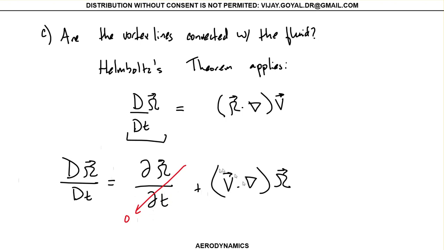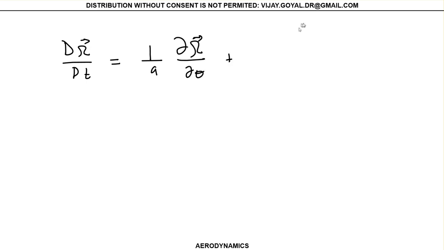So now on this part here, we can do a little bit of mathematics. And we find that this gives you d omega dz is equal to 1 over a partial of omega with respect to theta plus 1 minus r squared a squared partial of this with respect to z, and this is not a function of z.